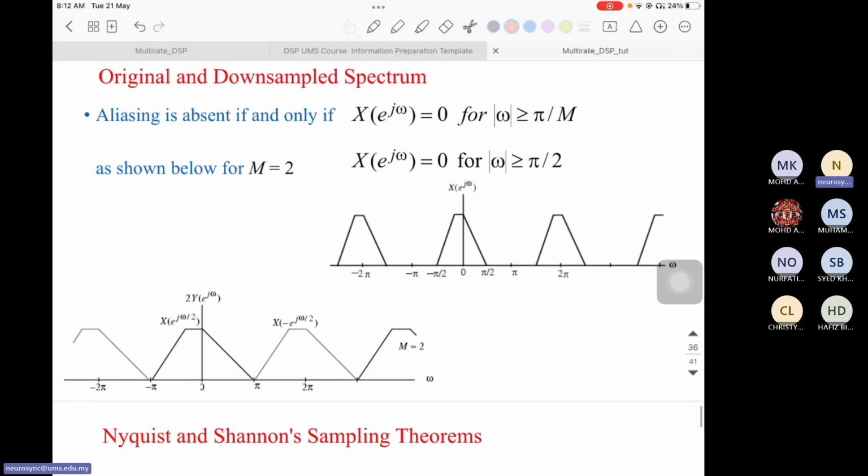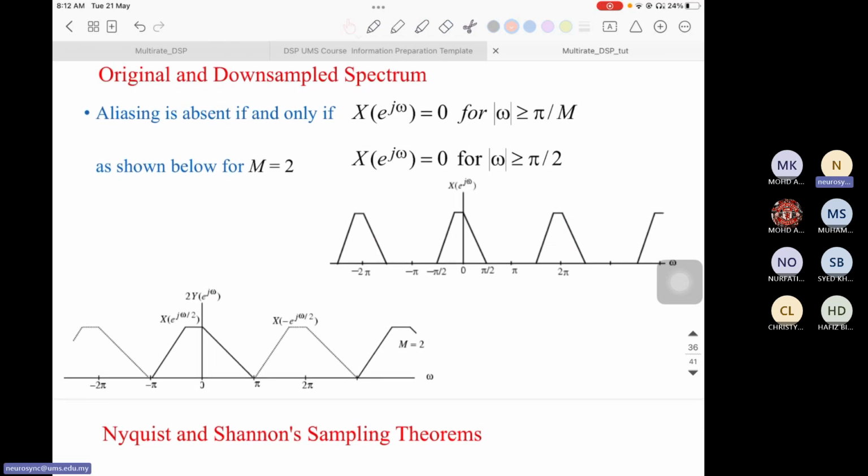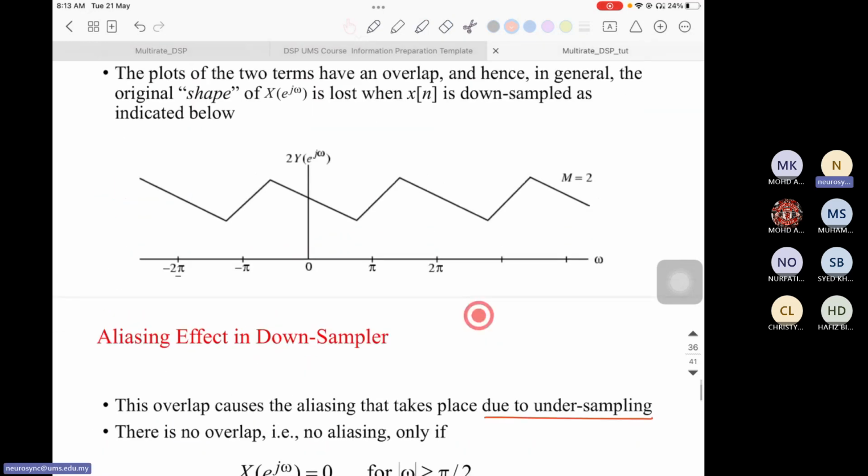Now the aliasing effect is absent if and only if X of e to the power j omega is 0 for omega greater than or equal to pi by M. So in the case of M equal to 2, if X is 0 from pi by 2, then the aliasing effect is eliminated.